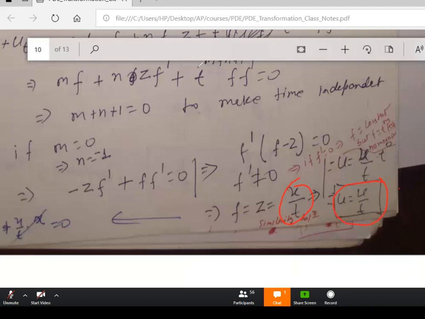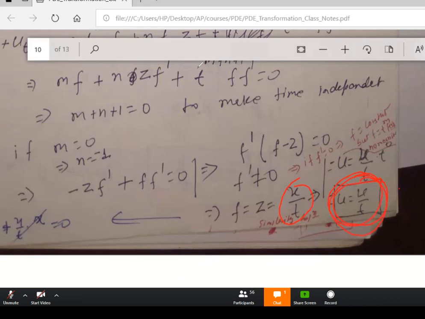If you are getting this solution, this solution is called similarity solution. Now, is it clear why we are taking a ratio? Okay, so this is the one solution out of infinite solutions.